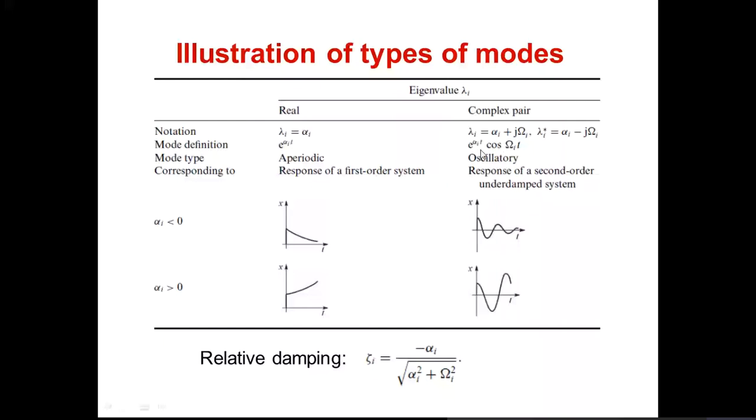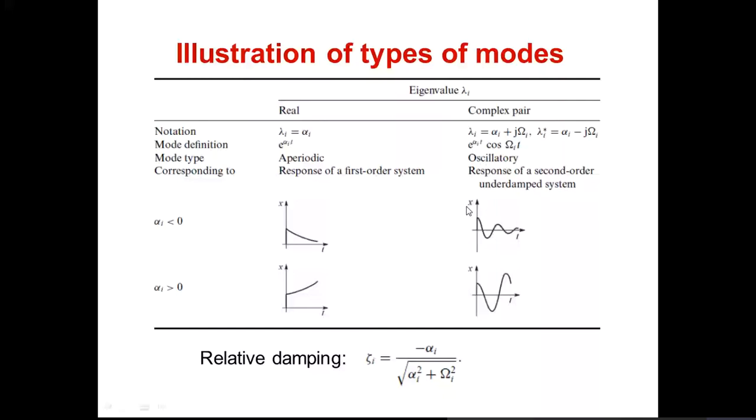This could be a decaying component or an exponentially increasing component, depending upon the sign of alpha, the real part, and it will vary with oscillations associated with the frequency. The mode type could be aperiodic, as in this case, because a real eigenvalue is aperiodic. But a complex eigenvalue will always be oscillatory because it is associated with an imaginary term.